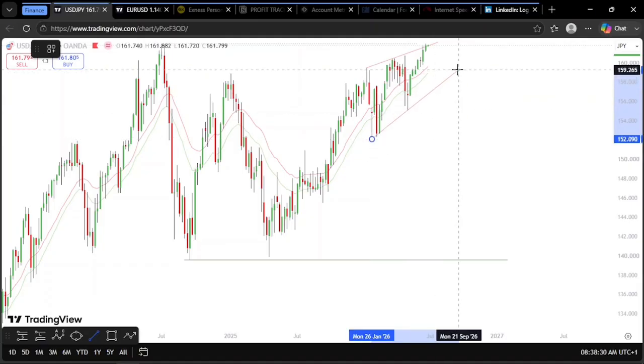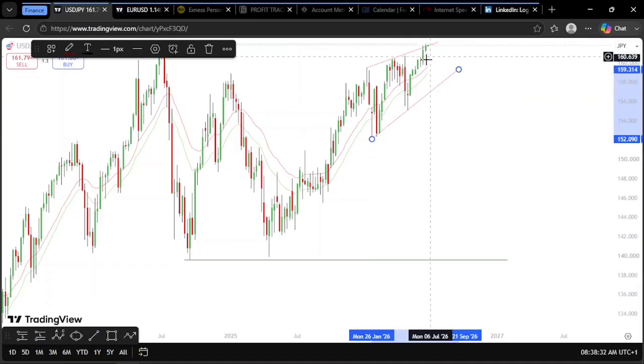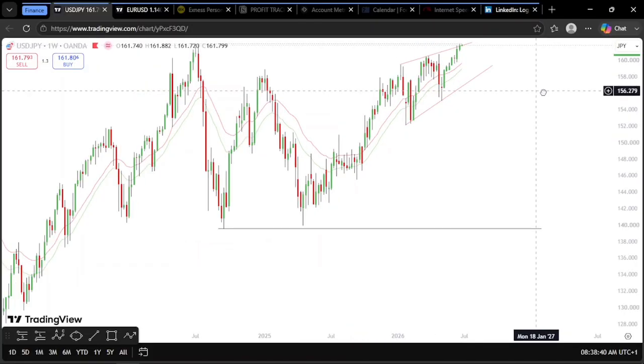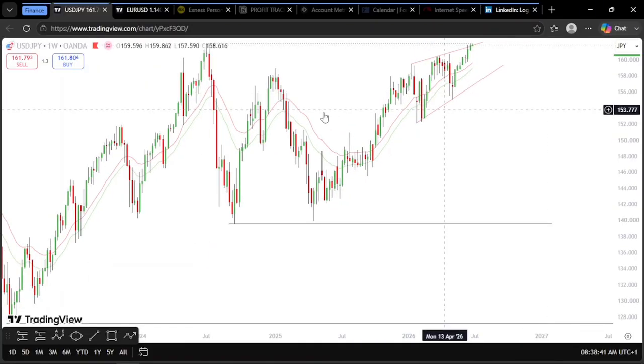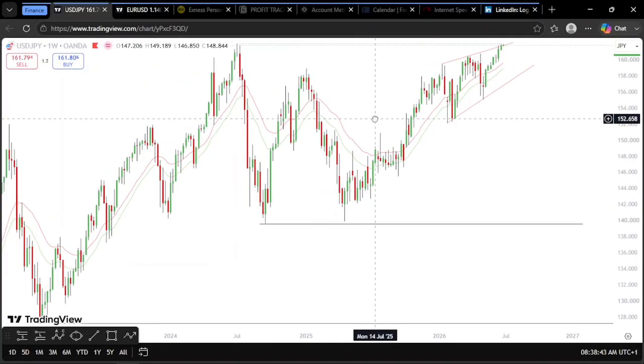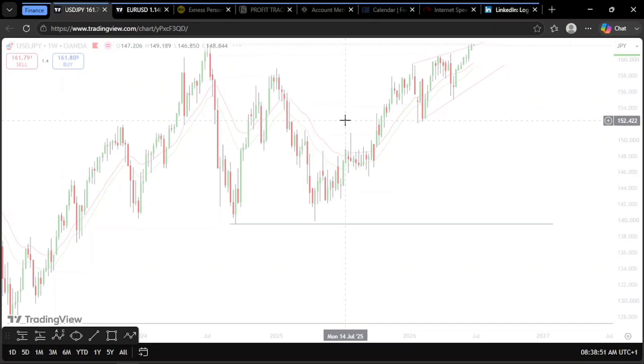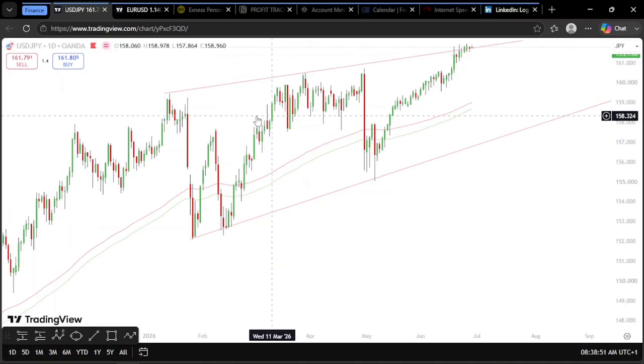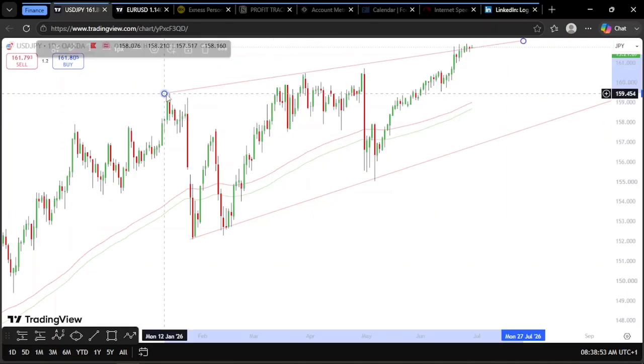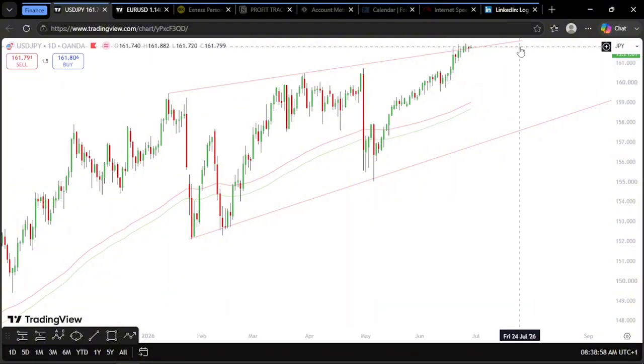This is what we have, and we are having the fifth touch of this consolidation pattern, which is where I'll be looking for my entry here. For me to get a confirmation, we'll have to wait for an entry confirmation on the daily time frame. There has been nothing on the daily time frame yet.